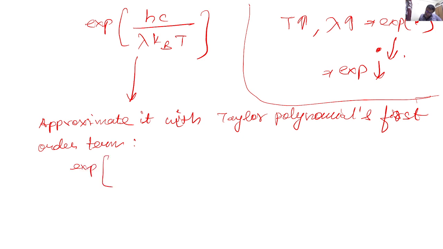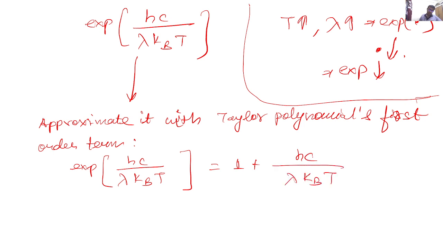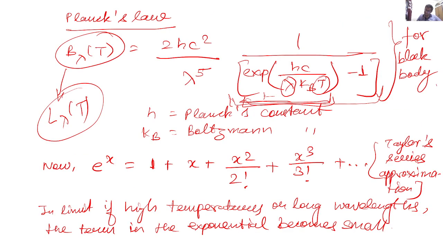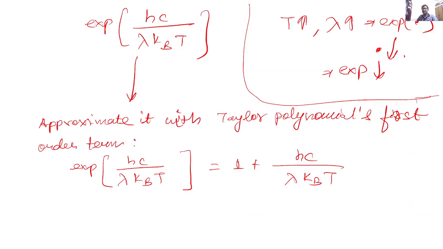So exponential of hc by lambda kBT is approximately 1 plus x, and x in our case is hc by lambda kBT. That's it. Now let's take this term, this dotted thing, let's consider that now.